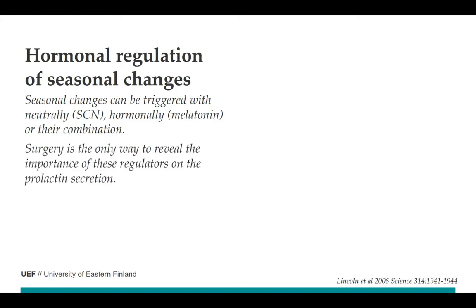Well, actually the only way is to have surgery, but the good point is that in these animals, the melatonin released from the pineal gland is quite easy to detect, and also the central nervous system giving you the prolactin from the hypothalamus and so on is easy to detect. So it's a very simple surgery.